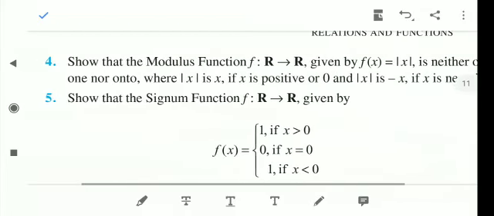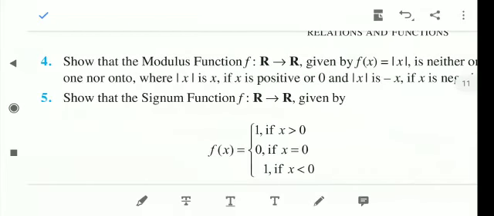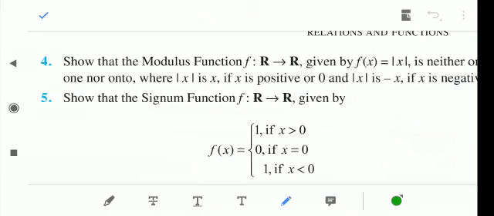Now look at question number 4: show that the function modulus x is neither 1-1 nor onto. You can see f: R to R, so here the domain is the real numbers.